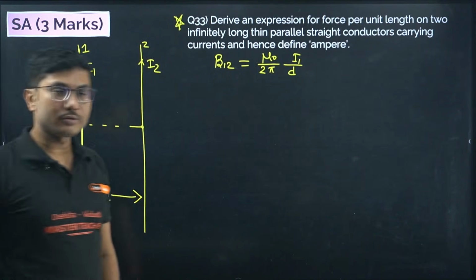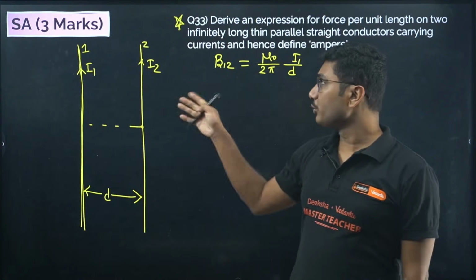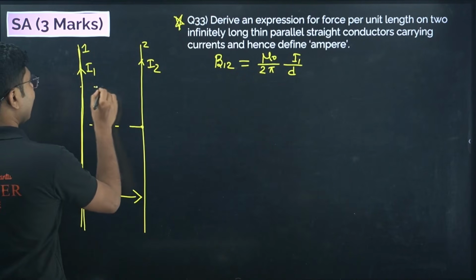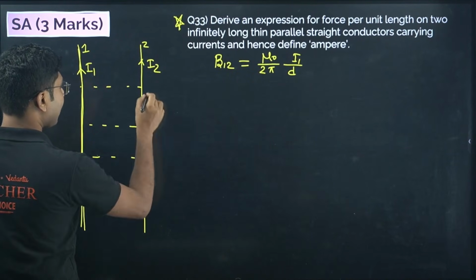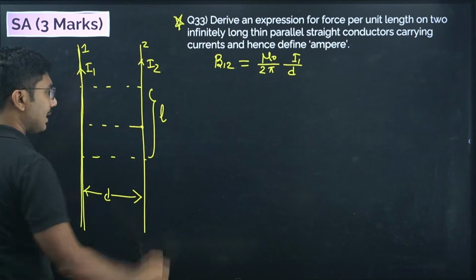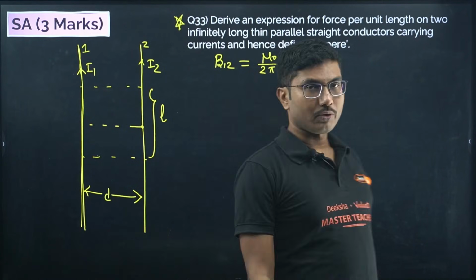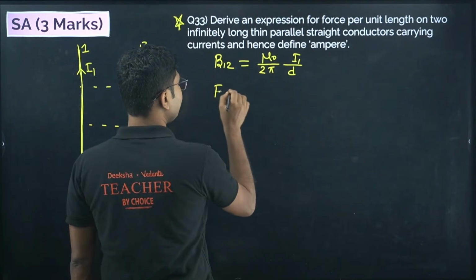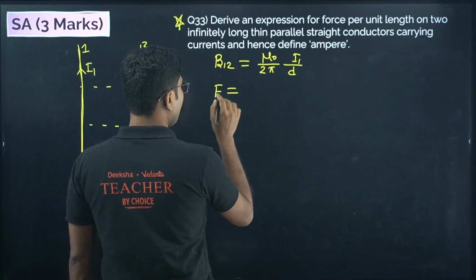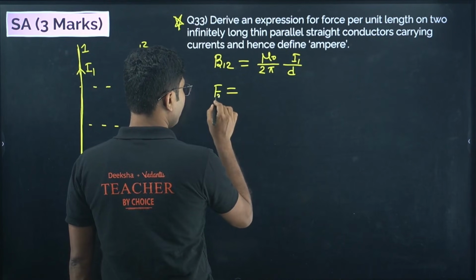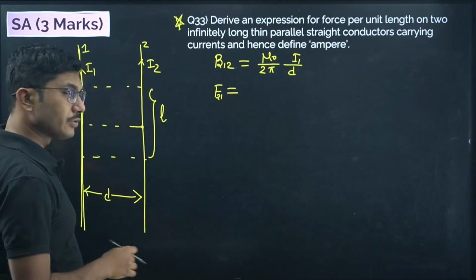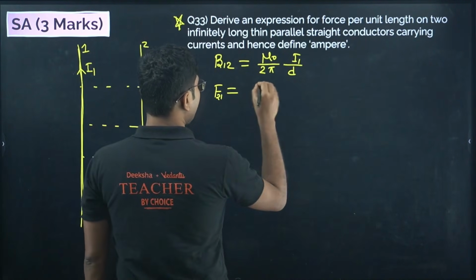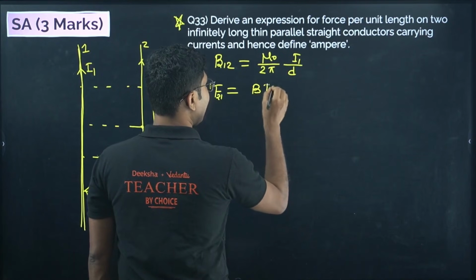Now what will be the force acting on wire 2 due to this magnetic field? For that, you have to consider a length, because for an infinite wire the force does not work out. You have to consider a length of the second wire. Suppose we are considering a length of L, then the force on 2 due to 1 is given by B I L sin theta.